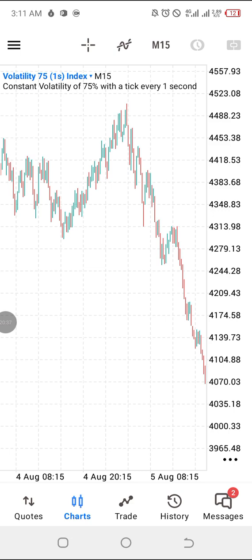Take note of this. Then when you mark out those areas of value, be it supply and demand zone, support or resistance zone, you could actually wait for price to get back to that zone. Then you might look out for a reversal candlestick and try to buy or sell.